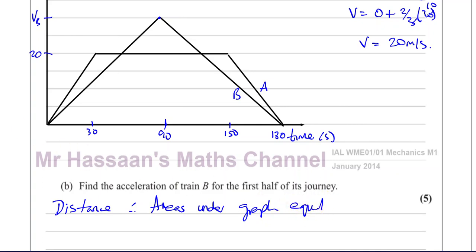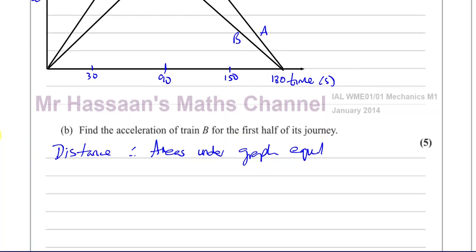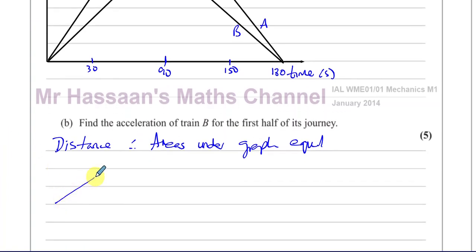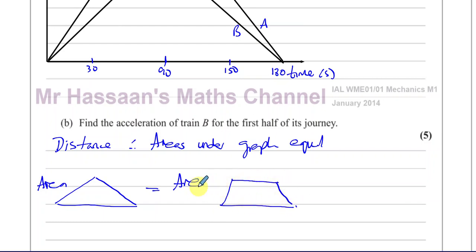So the area of the trapezium is equal to the area of the triangle. They're equal to each other.